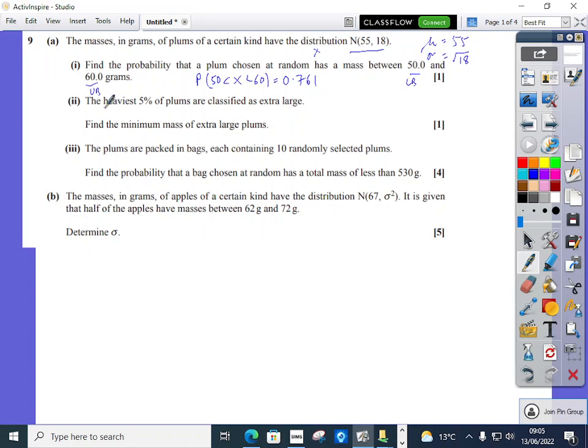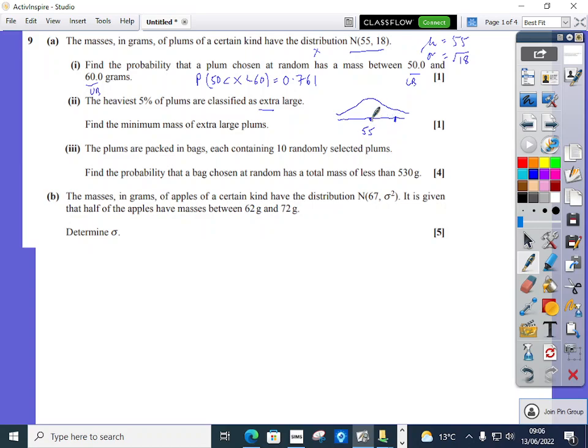Now it goes here, the heaviest 5% of plums are classified as extra large. Find the minimum mass of the extra large. Now this 5%, I'm just going to draw quickly here the distribution. Normal distribution goes like this. Now the mean here, this is what the weight is, 55.